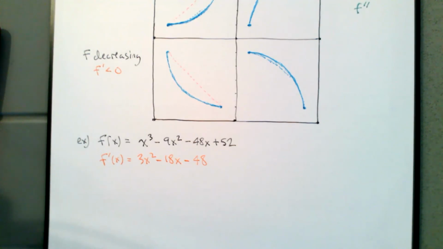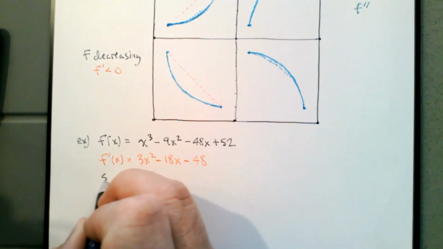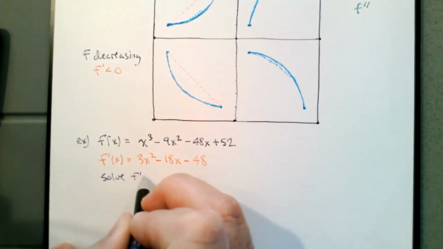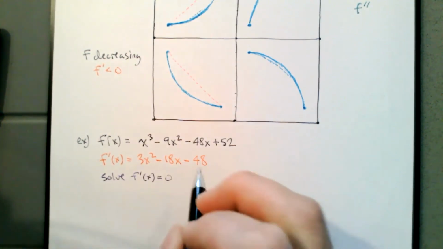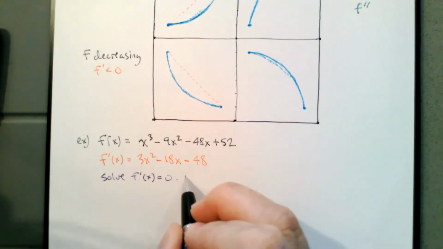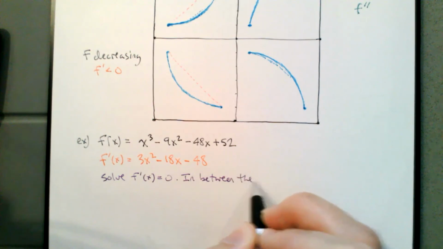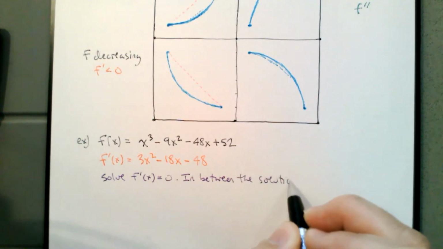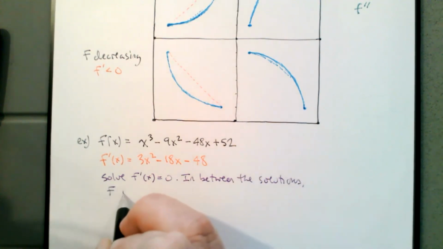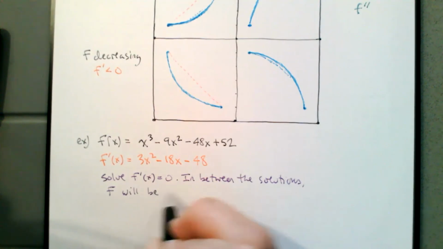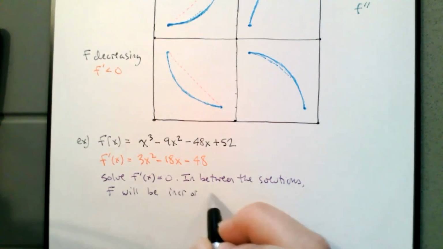So what we're going to do is solve f prime of x equals 0, and in between those points, the function will be increasing or decreasing.